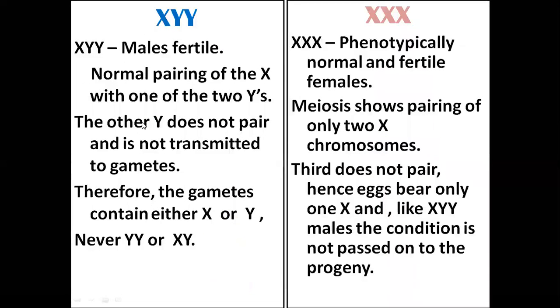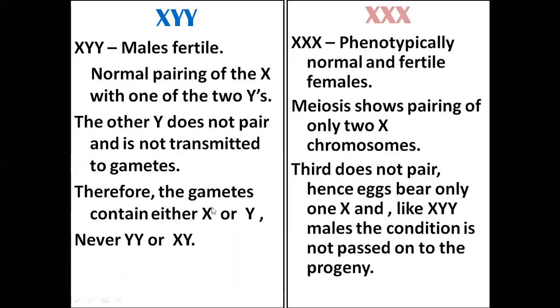Next, the other abnormal conditions include XYY males and triple X females. Generally, these two kinds of people are fertile. XYY males are fertile and triple X females are also fertile. Meiosis shows normal pairing of X with one of the two Ys, and the other Y does not pair, and it is not transmitted to the gametes in case of XYY.